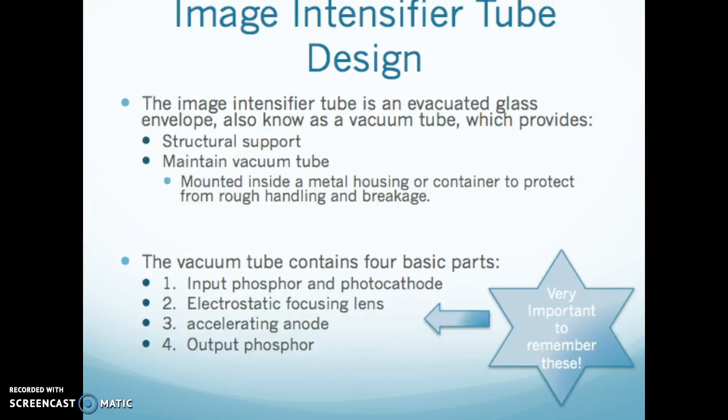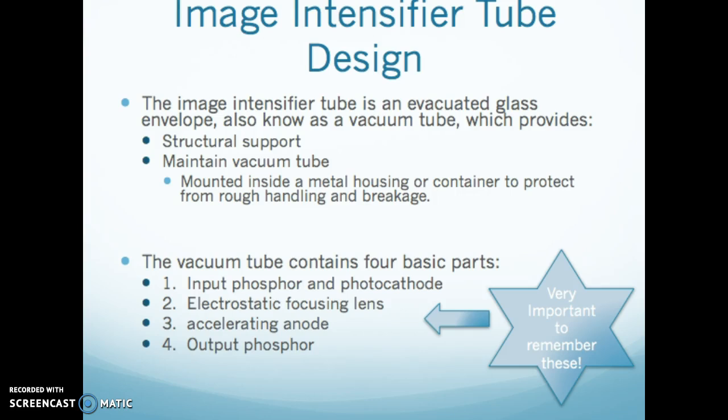So when we look at the image intensifier design, it is an evacuated glass tube or envelope. It provides structural support for the objects inside of it, which we'll be talking about, and the glass tube maintains the vacuum, and is mounted inside of a metal housing or container to protect it from rough handling or breakage of the tube. So very important for you to remember these next four things.